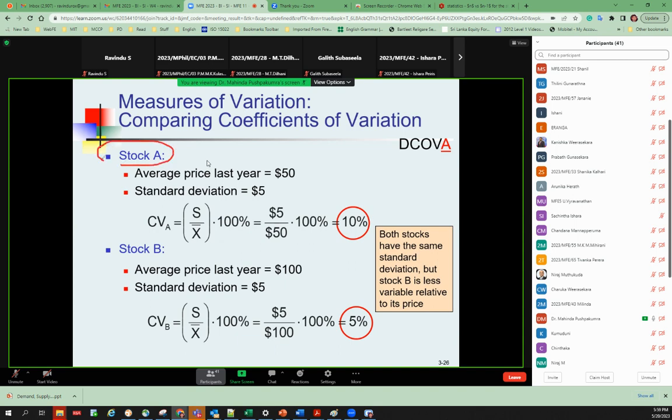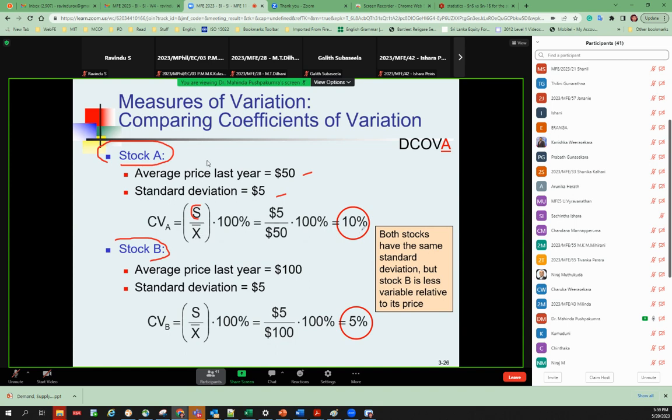We have stock A and stock B. Average price last year, let's say 50, standard deviation 1. The coefficient of variation is the standard deviation as a percentage of the average value.